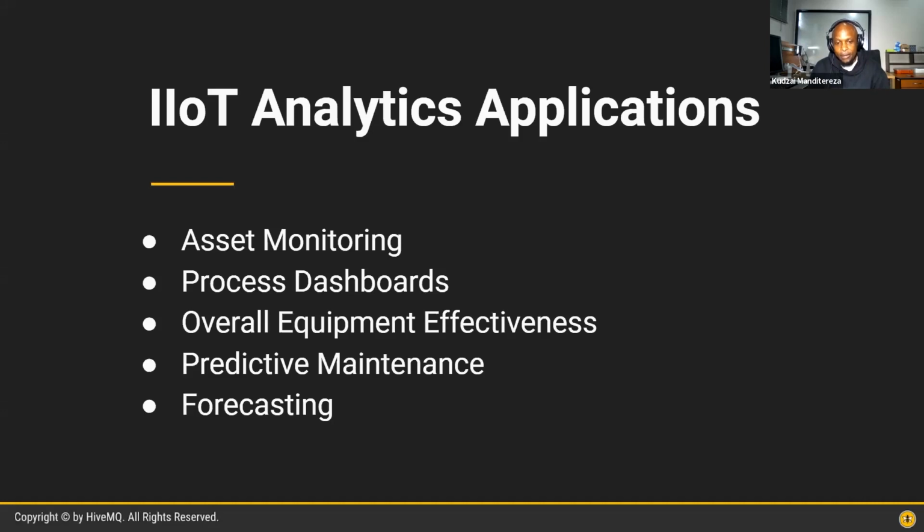You could also build process dashboards that could be used by process engineers to find correlations between parameters and track things like KPIs across different plants, which they can then use to optimize industrial processes. And you could build overall equipment effectiveness applications for production or operations managers to assess the effectiveness of industrial equipment used in a production process.